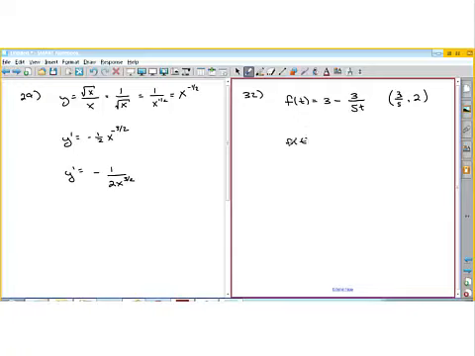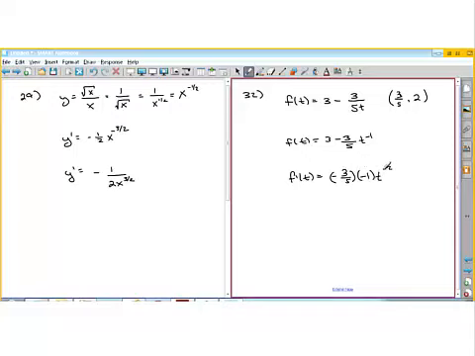Before we do that, though, we're going to rewrite the second term as 3/5 times t to the -1 power. And now we can take the derivative. So the first term is 0. The second term, we've got -3/5, and you multiply by -1.